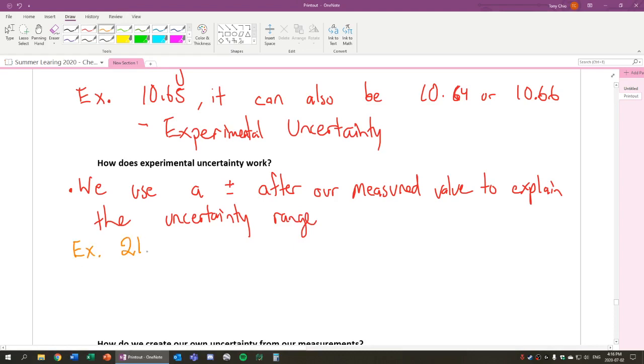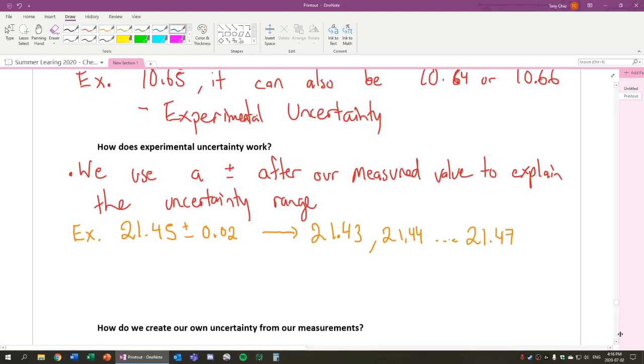If we write 21.45 plus or minus 0.02, for example, what this means is your value can be any number from 21.43, 21.44, all the way up to 21.47. There's a range of 0.02 for that value. So that's an important part.